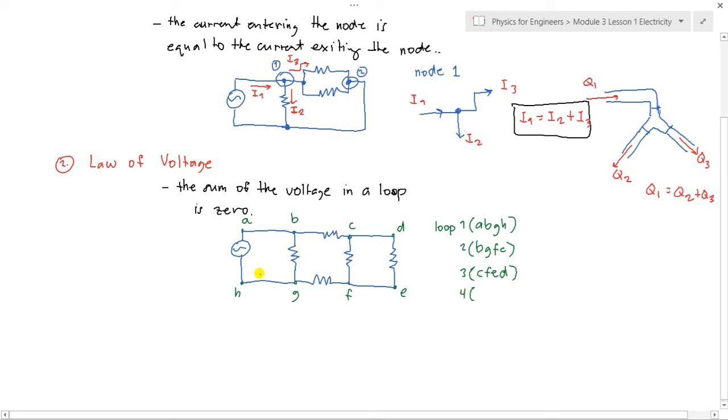Fourth, you can have AHFC. Fifth, you can have AHDE. You can also have BGDE.